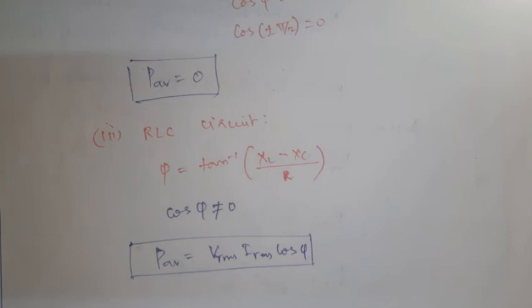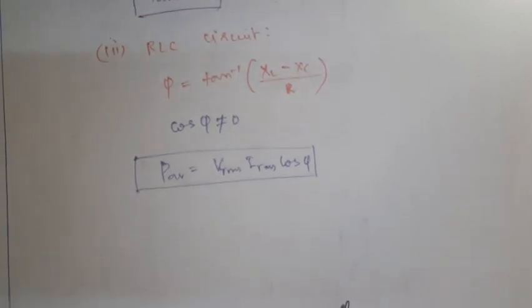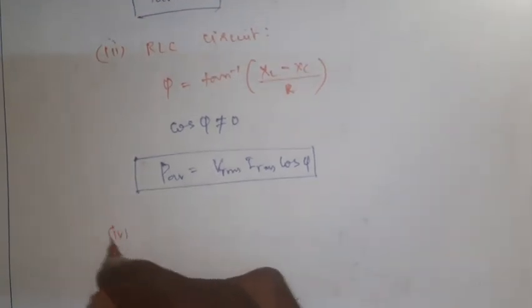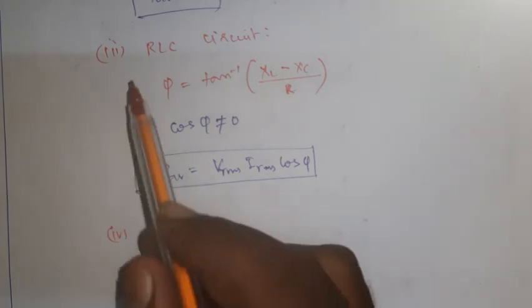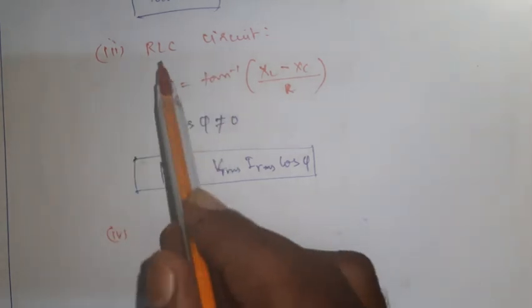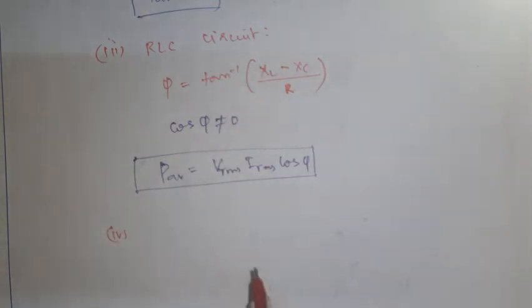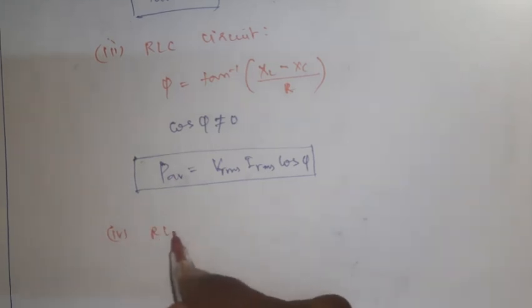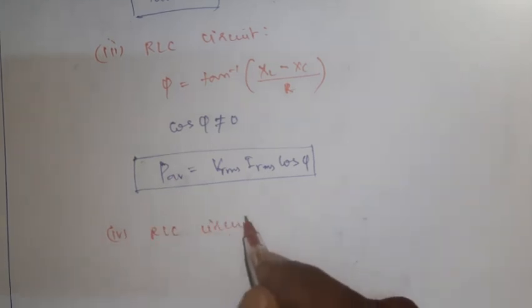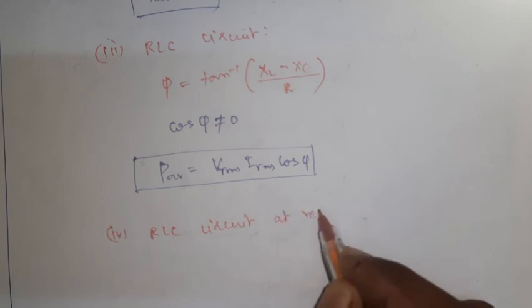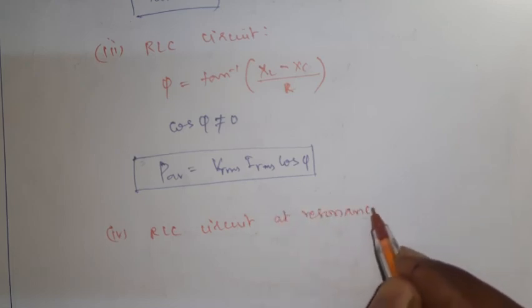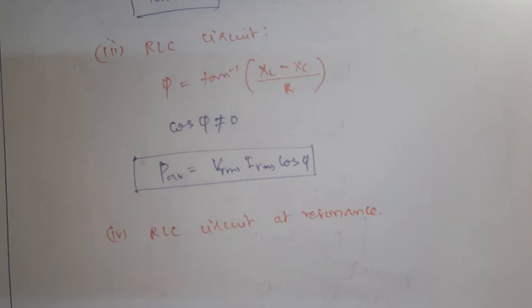Then case 4, for a series RLC circuit at resonance condition. In case 3, we discussed the series RLC circuit. Now the same case, but with one more condition added: resonance. For an RLC circuit at resonance, the phase angle is 0.